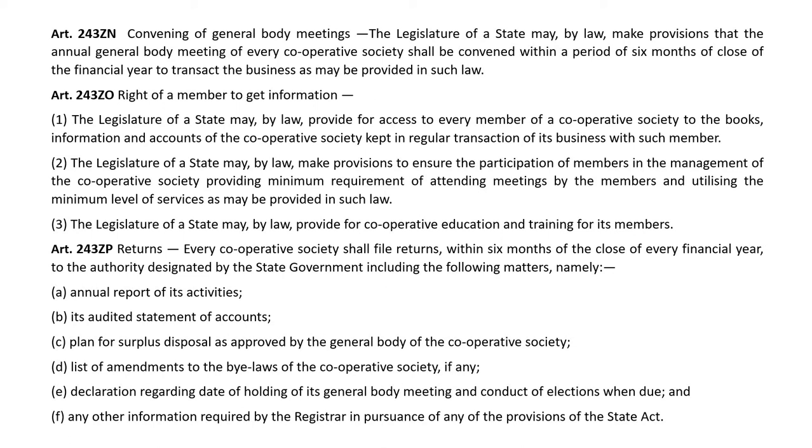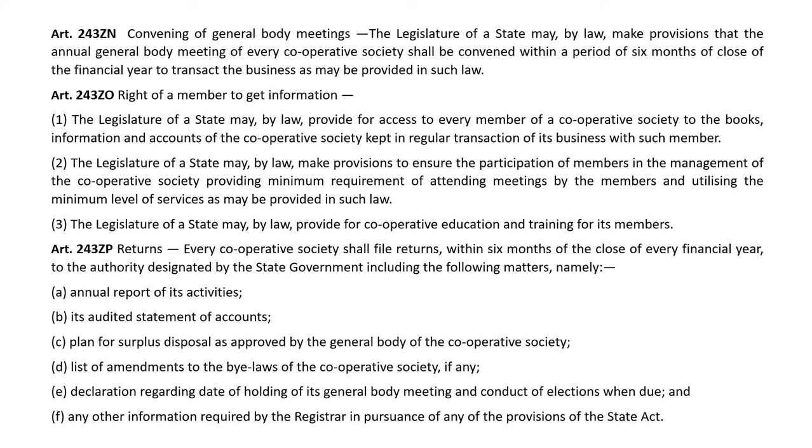The legislature of a state may by law make provisions to ensure the participation of members in the management of the cooperative society, providing minimum requirement of attending meetings by the members and utilizing the minimum level of services as may be provided in such law. The legislature of a state may by law provide for cooperative education and training of its members.